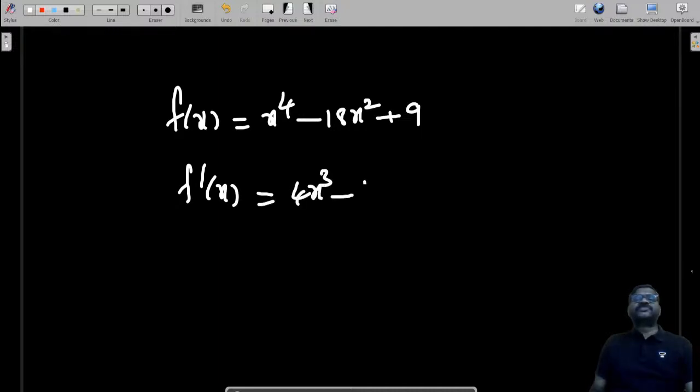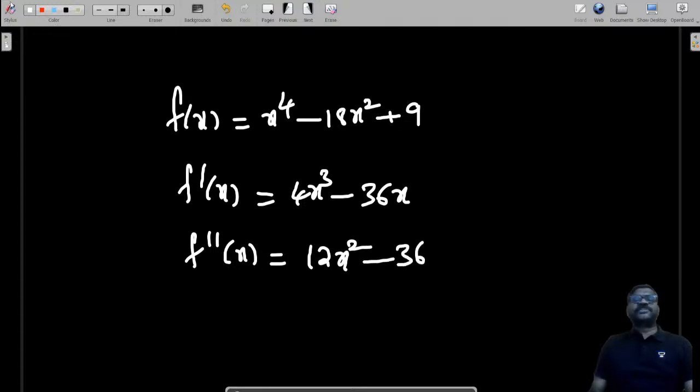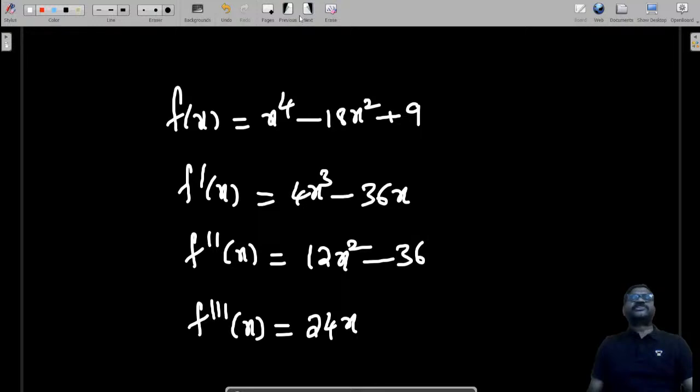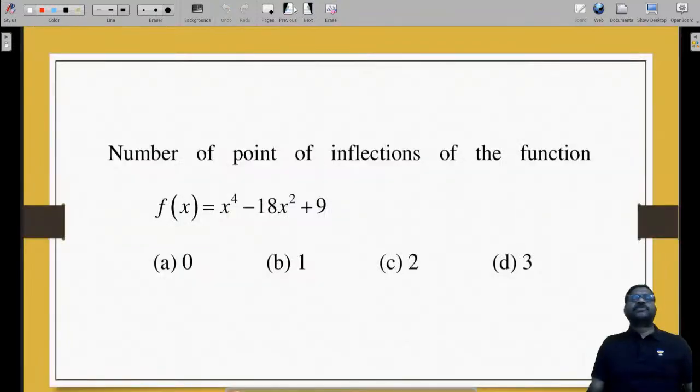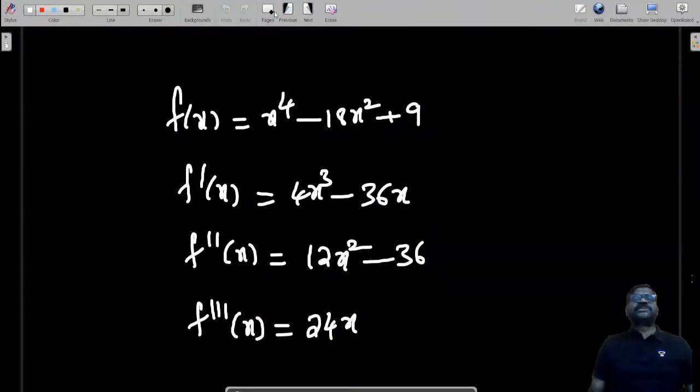F dash x is 4x cube minus 36x. F double dash x is 12x square minus 36. F triple dash x is 24x. Our job is to calculate the points of inflection.